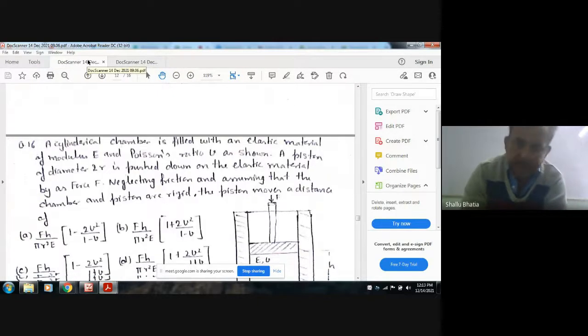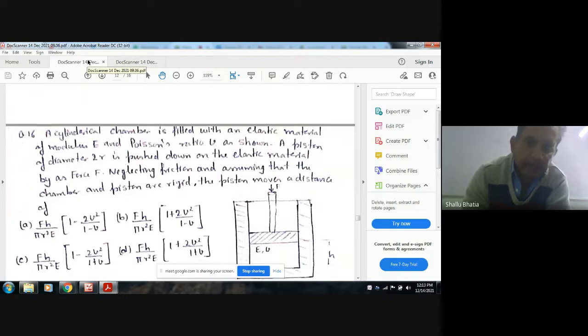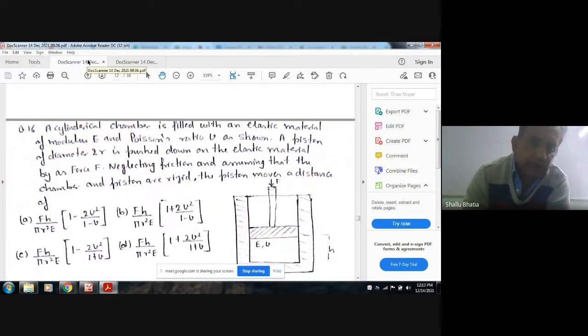Next, a cylindrical chamber is filled with an elastic material of modulus E and Poisson ratio mu as shown. The piston of diameter 2r is pushed down on the elastic material by a force F with no friction.